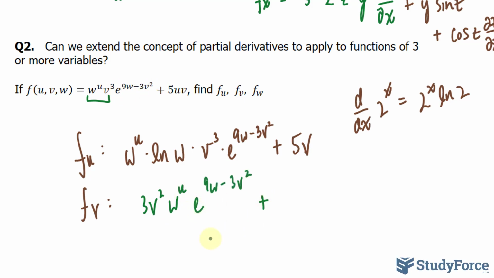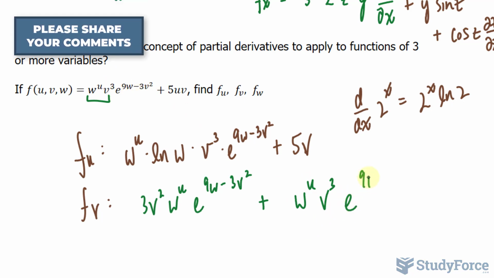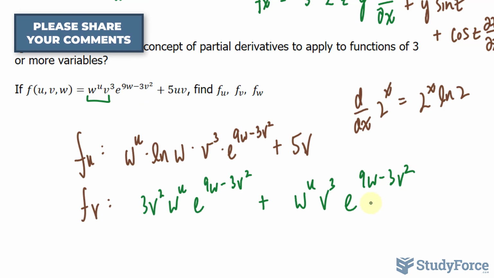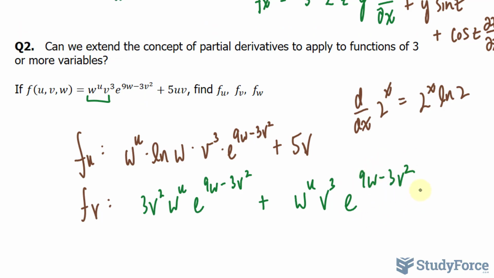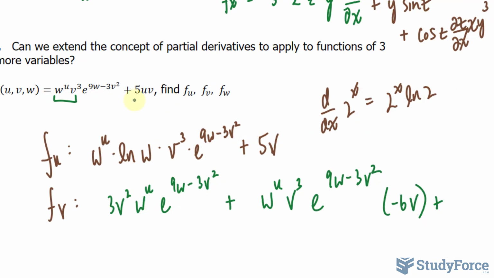And now we will leave this the way it is, w to the u v to the power of 3, and take the derivative of that, which is e to the power of 9w minus 3v squared. That's a constant, it goes to 0, and this becomes negative 6v to the power of 1. Plus this part, and taking u as a constant, taking the derivative of v, we end up with 5u.